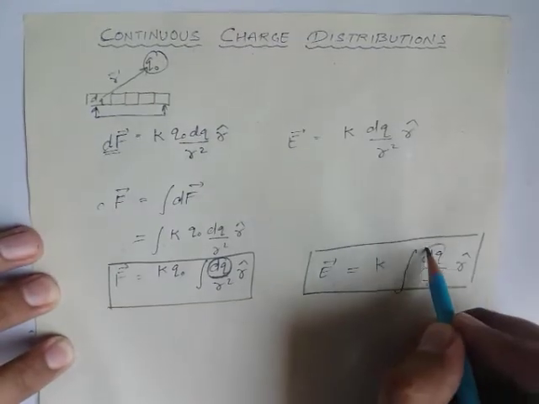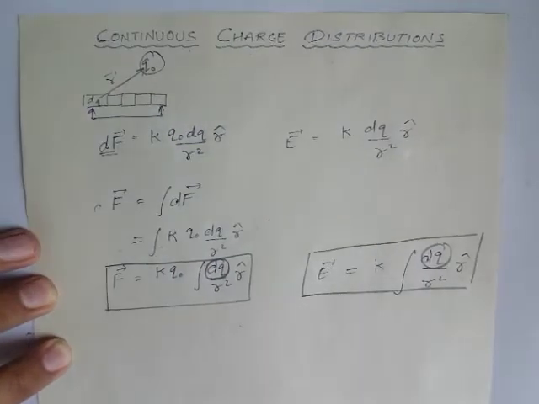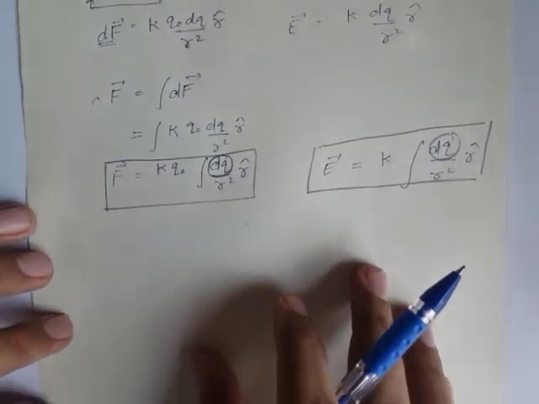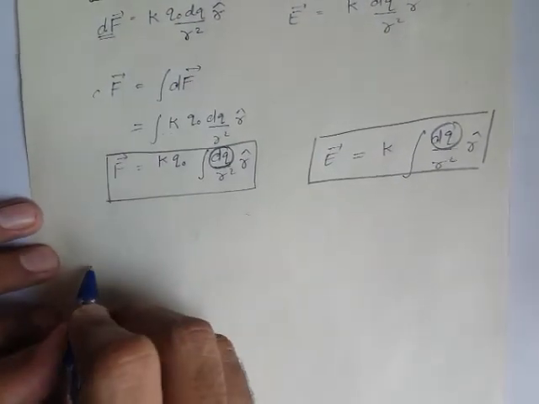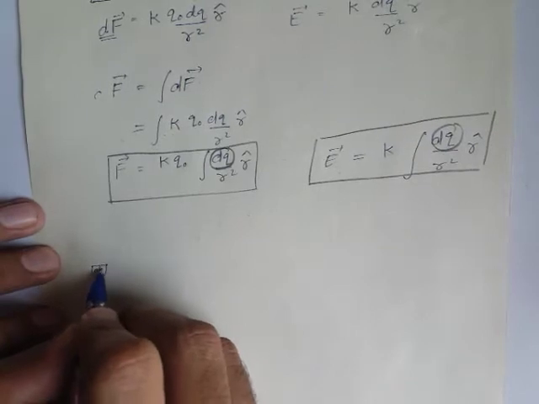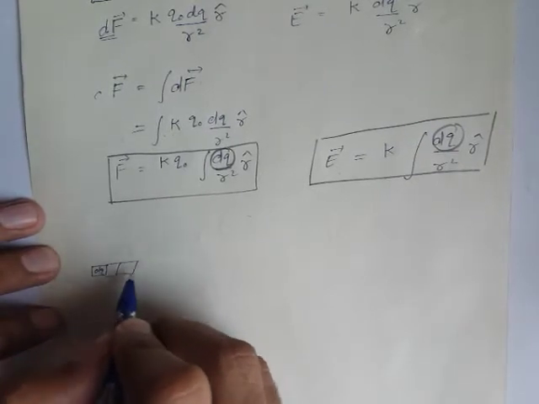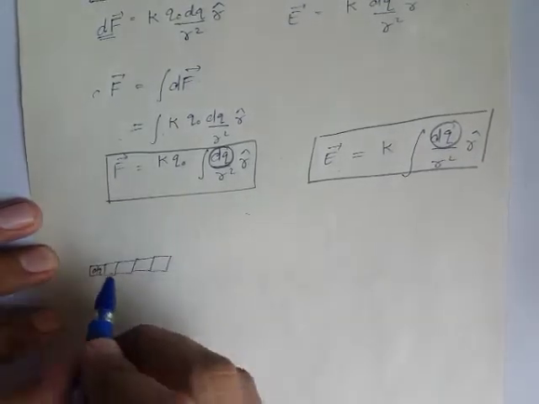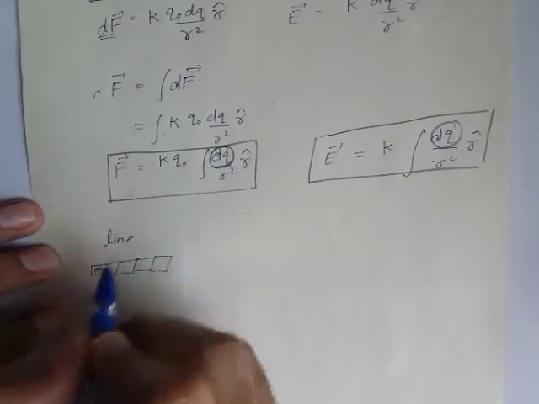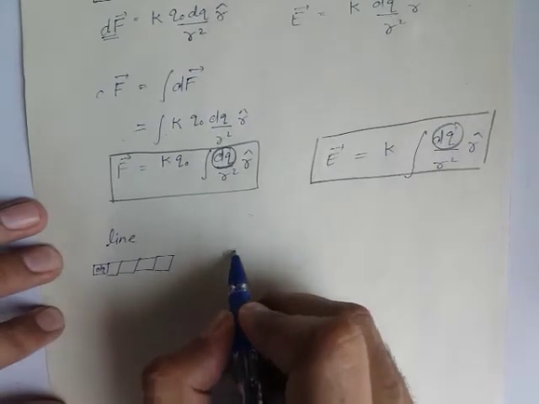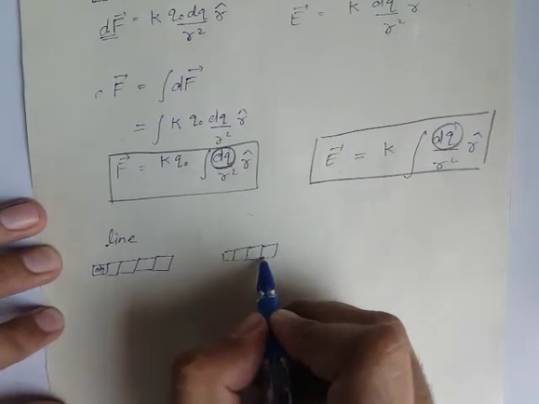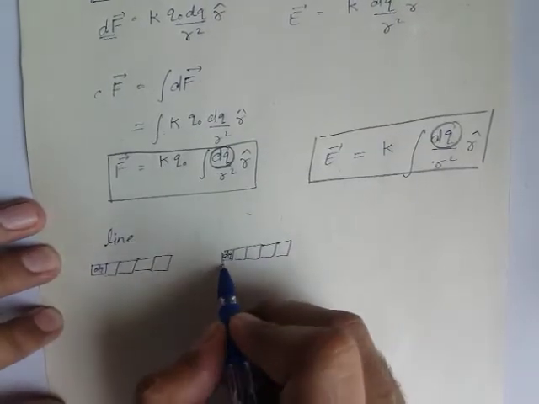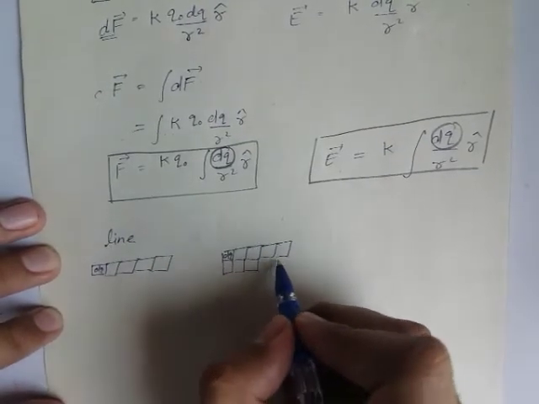Now we need to find this dq. We are going to emphasize this more. dq is a small charge, and if we continuously integrate this dq charge over here, in the same manner, then it is known as a line. But if I distribute these dq small charges in rows as well as columns, I will get a surface.